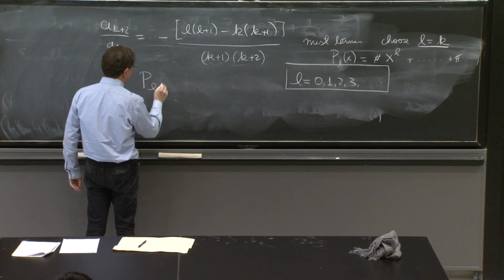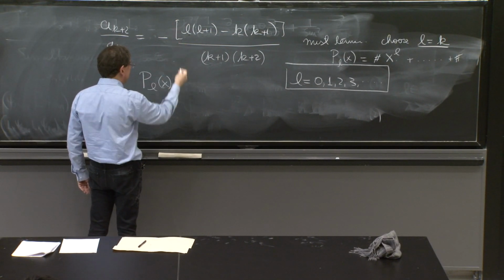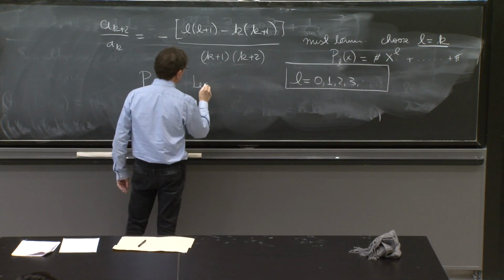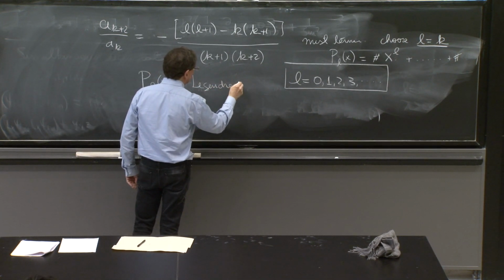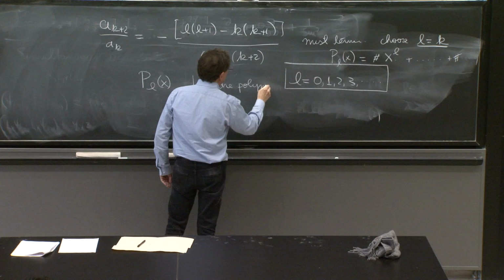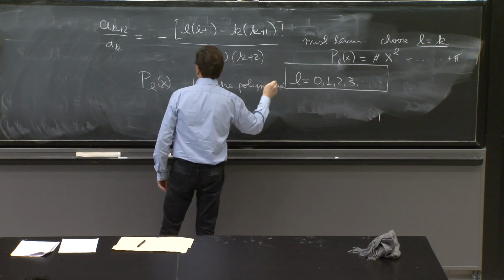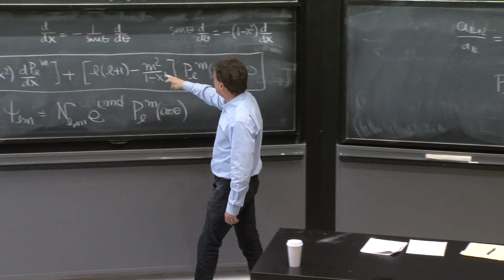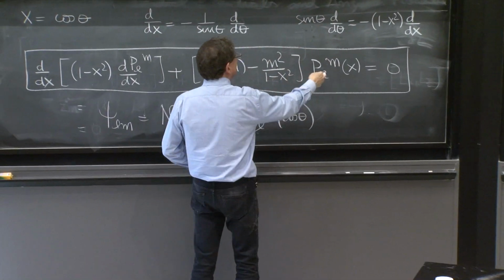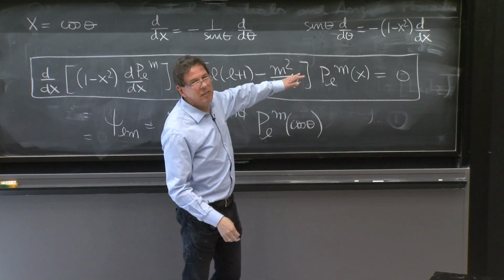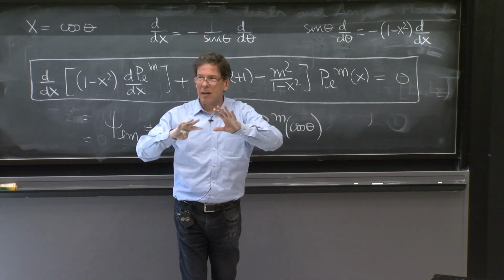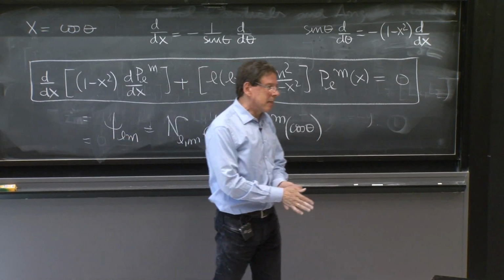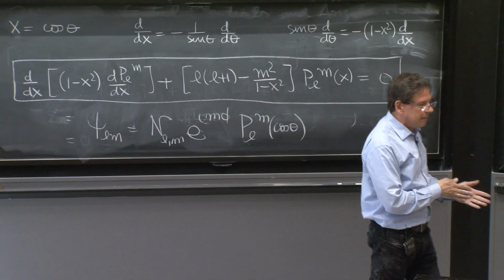The P_L of x that satisfy this differential equation are Legendre polynomials. And next time, when we return to this equation, we'll find that m cannot exceed L. Otherwise, you can't solve this equation. So we'll find a complete set of constraints on the eigenvalues of the operator.